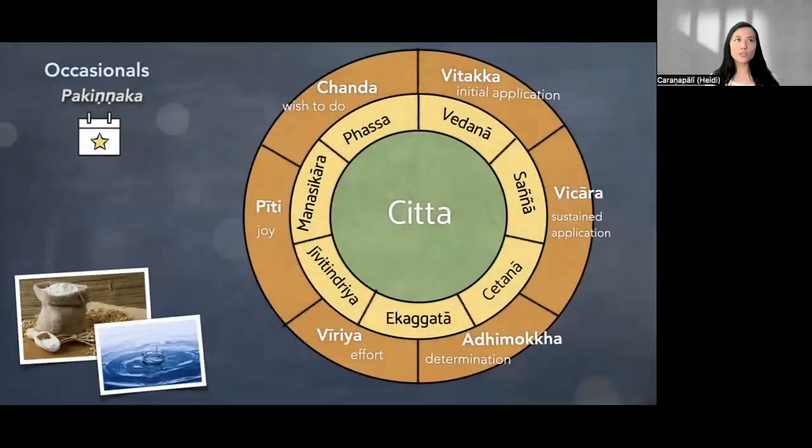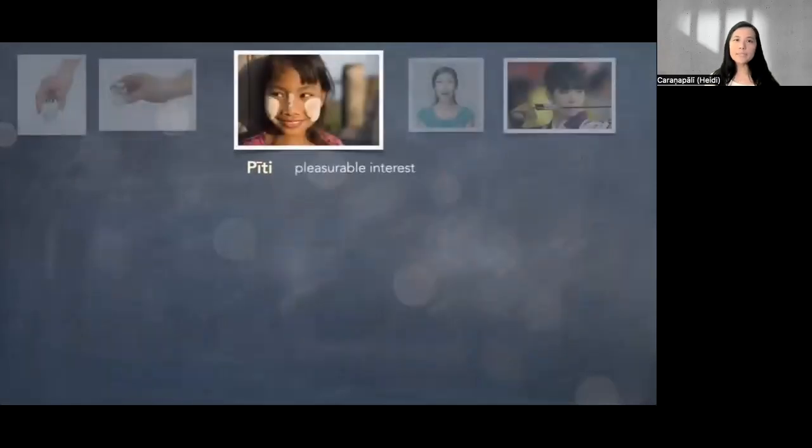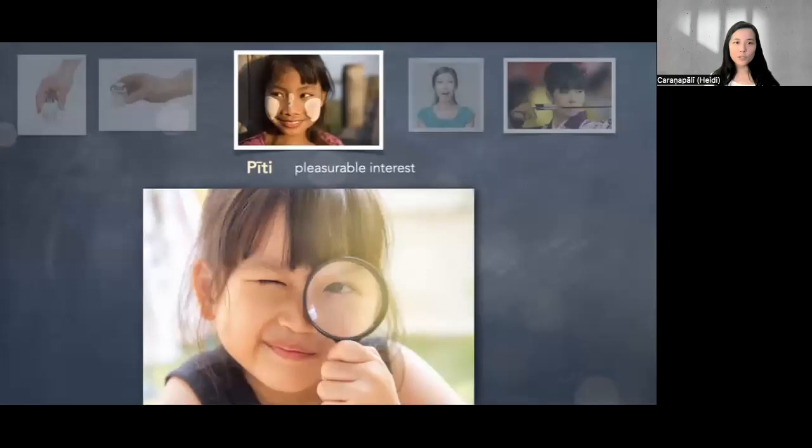Okay, so let's go to the next one, Pīti. Pīti is usually translated as joy or sometimes as pleasurable interest. Sometimes you may find translations like happiness, zest, or rapture. But it is important to know that Pīti itself is one cetasika on its own.